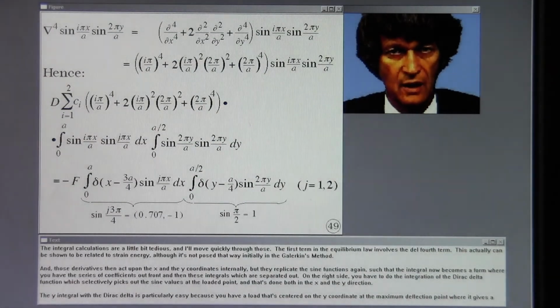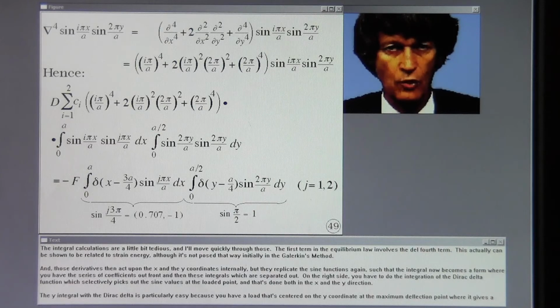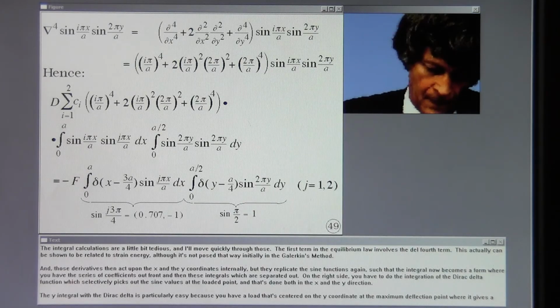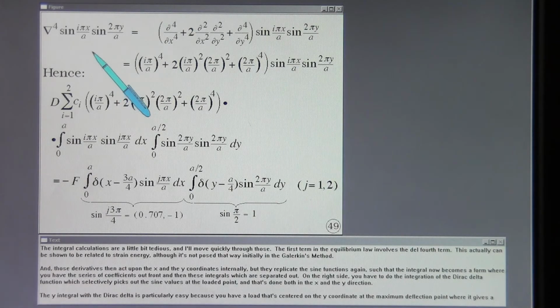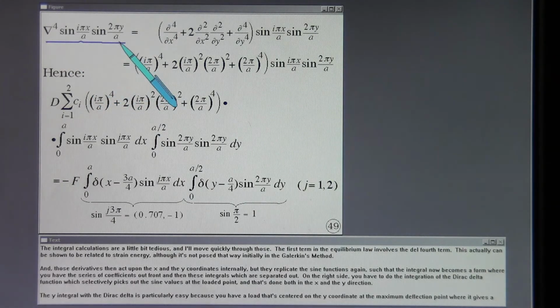The integral calculations are a little bit tedious, and I'll move quickly through those. The first term in the equilibrium law involved the del fourth term. This actually can be shown to be related to strain energy, although it's not posed that way initially in Galerkin's method.